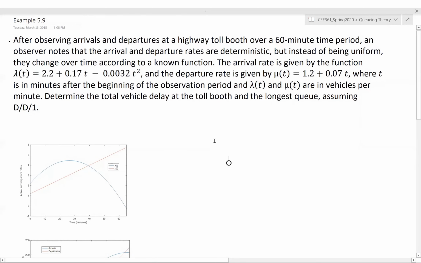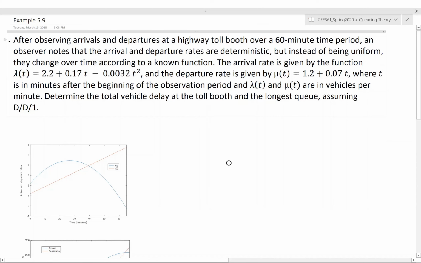The arrival rate is given by the function lambda of t equal to 0.2 plus 0.17t minus 0.0032 t squared. And the departure rate is given by mu of t equal 1.2 plus 0.07t, where t is in minutes after the beginning of the observation period, and lambda of t and mu of t are in vehicles per minute.